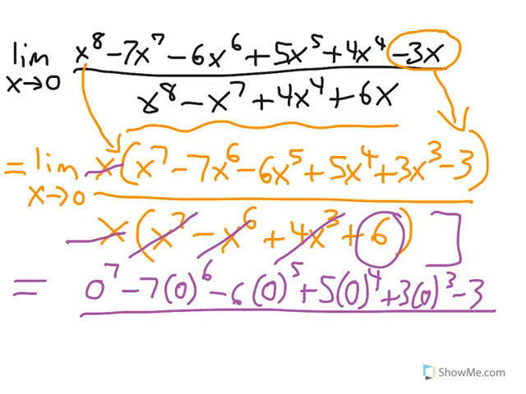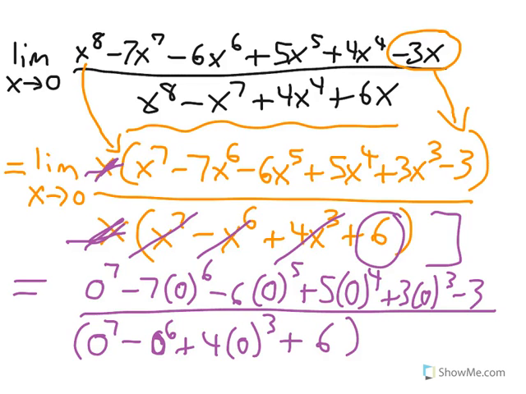All over, again, we've just canceled these x's. I just showed these ones for demonstration, but I'll write them out. So 0 to the 7, minus 0 to the 6, plus 4 times 0 to the 3, plus 6 on the bottom.